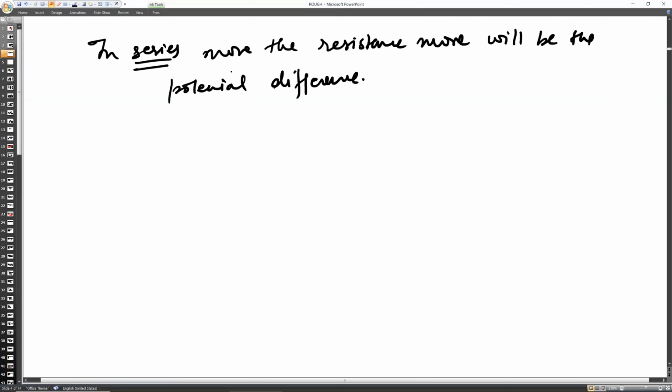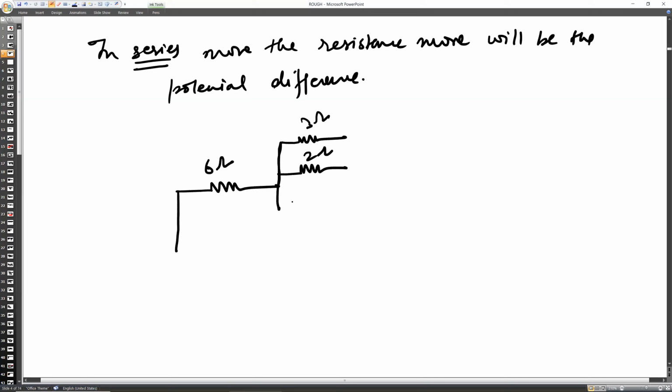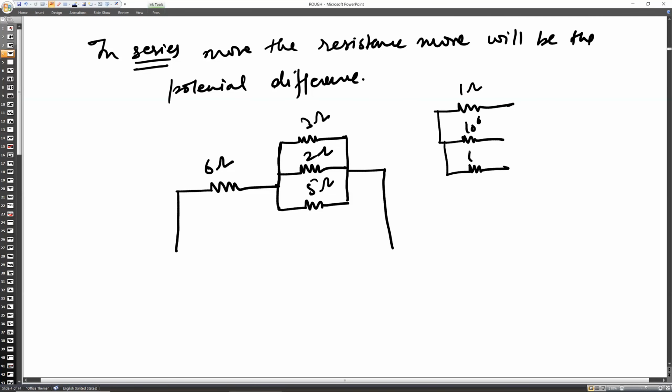No, sir. Okay. Now moving to this part: in series, the more the resistance, the more the potential difference. Now you know that if I have a 6 ohm resistor here, a 2 ohm resistor here, and 3 ohm, 2 ohm, and 5 ohm here, whatever the equivalent resistance is, it will be less than the smallest when we have n number of resistors connected in parallel, like 2 ohm, 1 ohm, 1 lakh ohm, 10,000 ohm, 500 ohm.